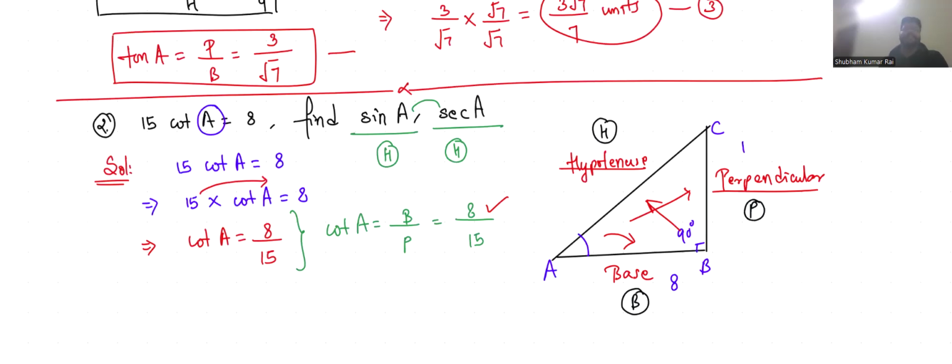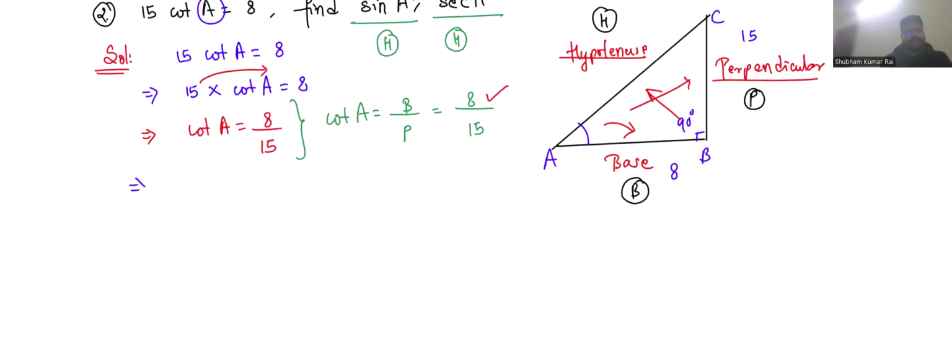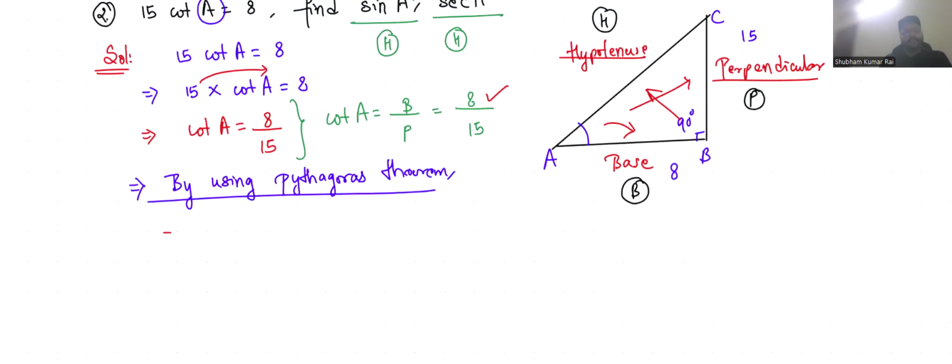So now we need to calculate the hypotenuse. For that, we have to apply the Pythagoras theorem. So by using the Pythagoras theorem, if we apply it in the triangle, the hypotenuse square is equal to perpendicular square plus base square, right?